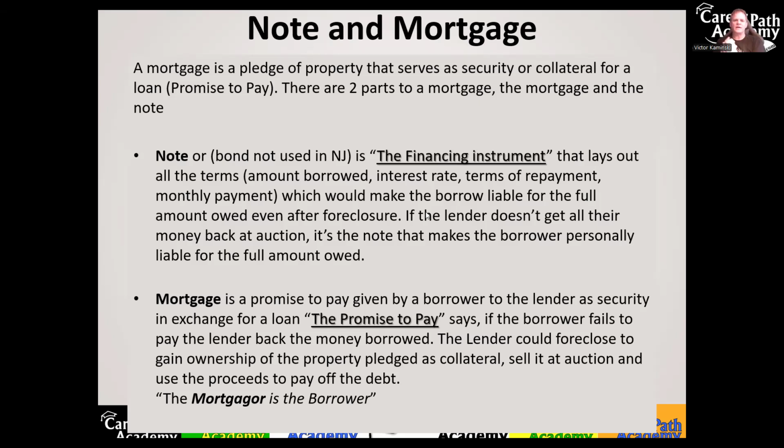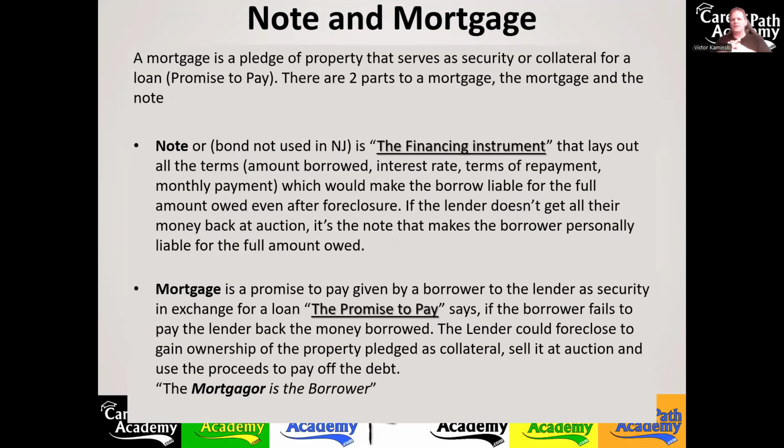All right. There are 2 parts to the mortgage. The mortgage itself, which is the promise to pay. You're pledging to pay back the loan according to the terms that are written in the note. And if you fail to do that, you're putting up the property as collateral for the loan.